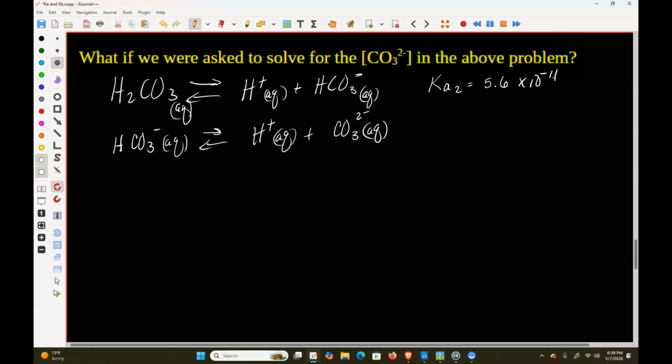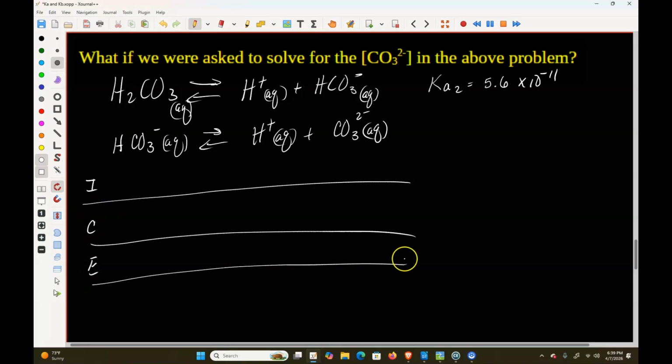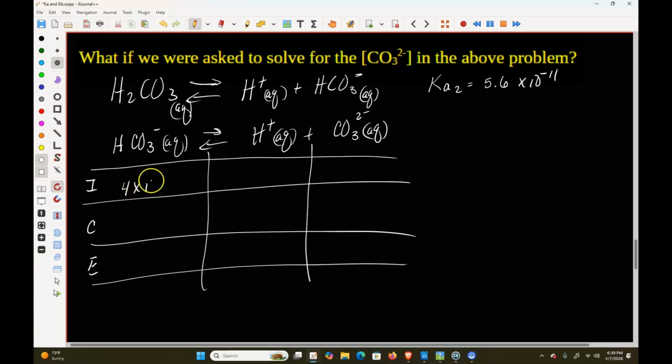Okay, so let's set up my ice table again. Initially I had 4 times 10 to the negative 5th, because this is left over from the first reaction. All right, and also has some H plus from the first reaction. But I did not have any CO3 from the first reaction.